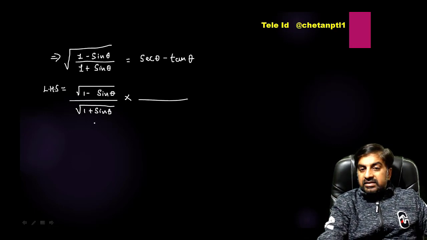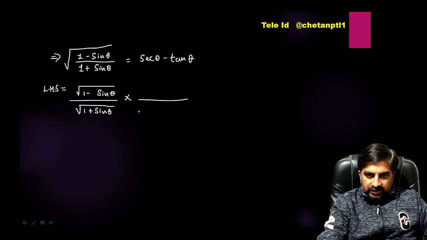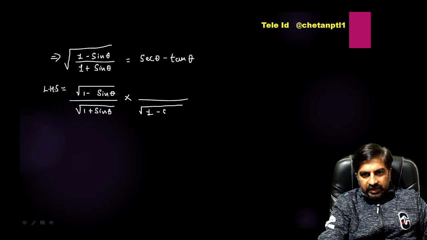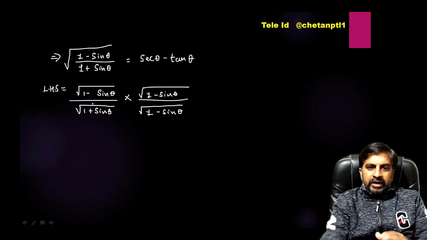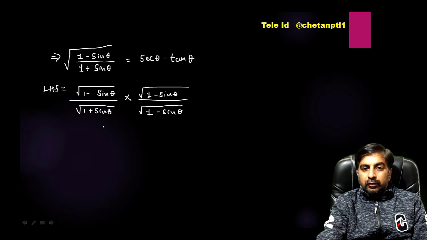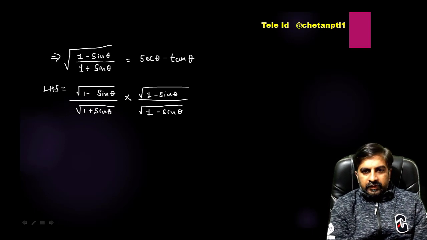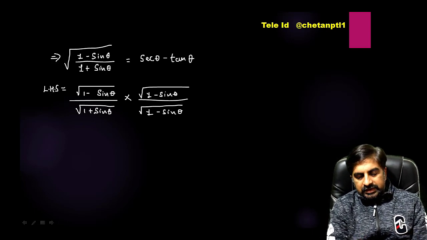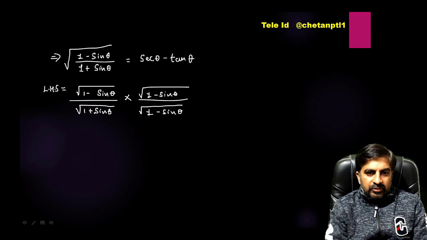Now we are going to rationalize. Here 1 plus sine theta is there, so we are going to multiply this with 1 minus sine theta. In the numerator also 1 minus sine theta. This is the base. Whenever we are getting any sum with a root sign, we do rationalization, and here also we are going to do the same thing, guys.